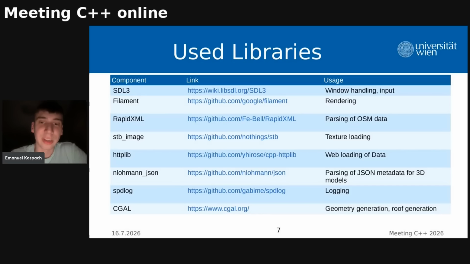I also included a JSON library because OpenStreetMap also allows 3D models to be linked to a building, and then it has metadata in JSON format, so I also had to include that. And for logging, I have spdlog, and for generation of the geometry and the roof generation, which is a bit more complex, I used the Seagull library, which basically provides all the geometry functions that I need.